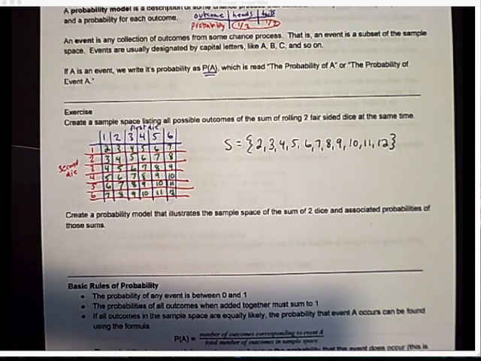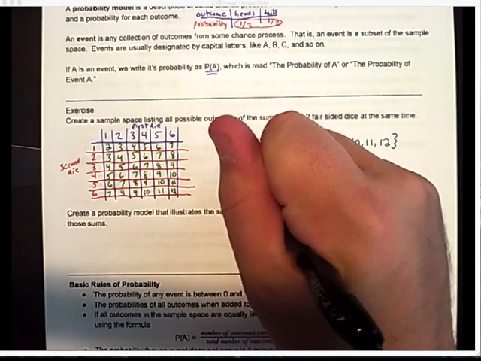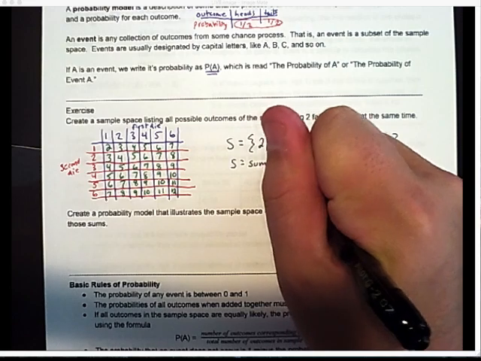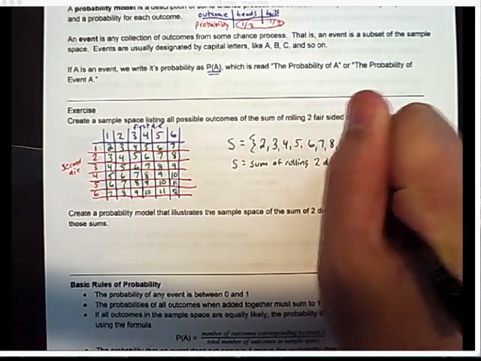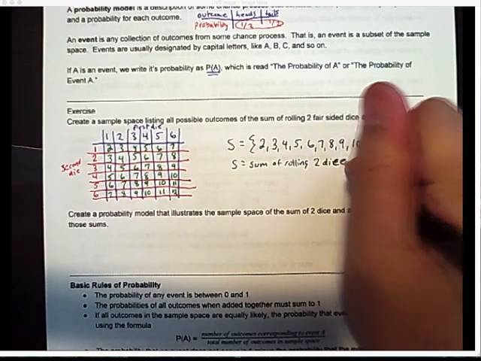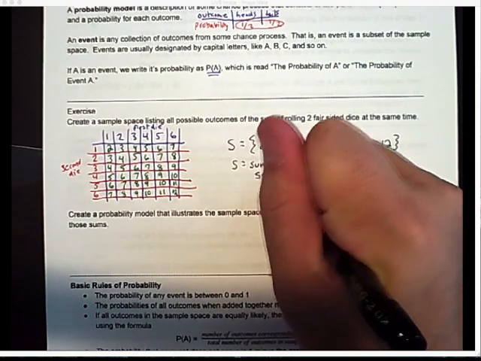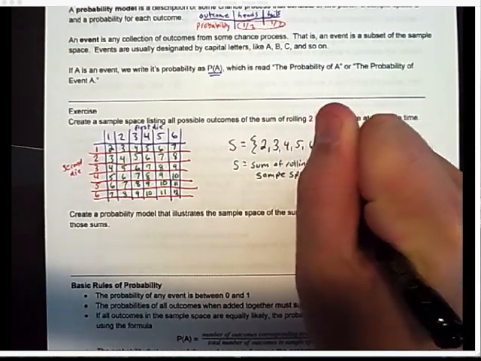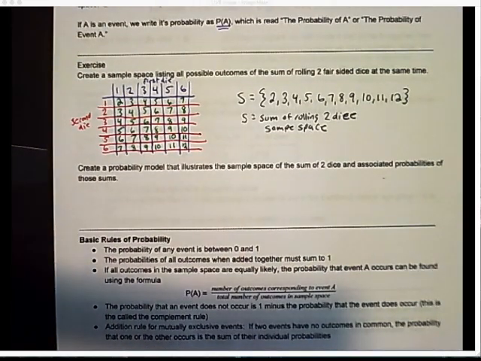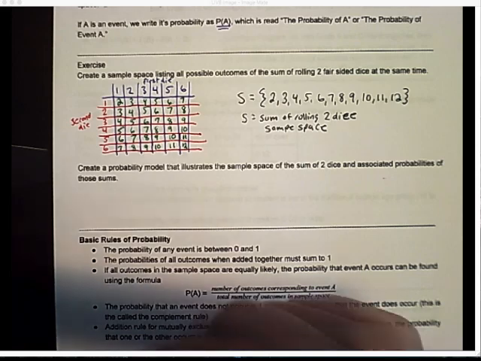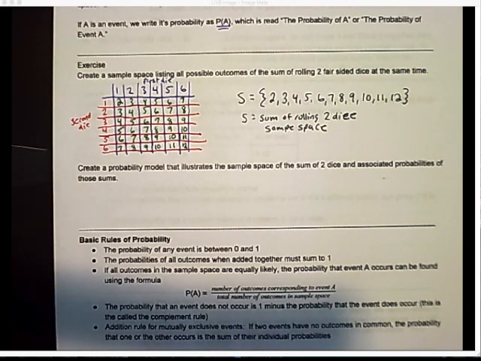All right, where S is the sum of rolling 2 dice sample space. So those are all the outcomes. Okay. And then the second part asks me to create a probability model. Okay.